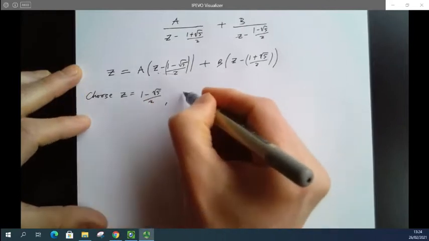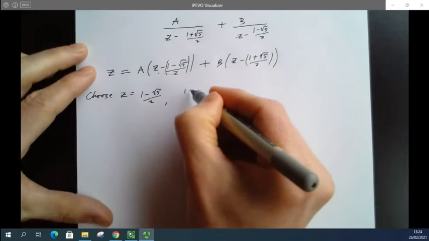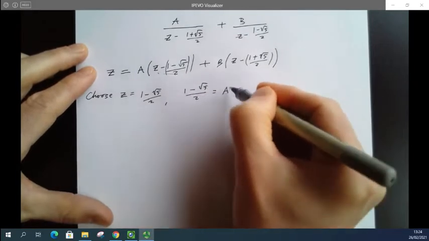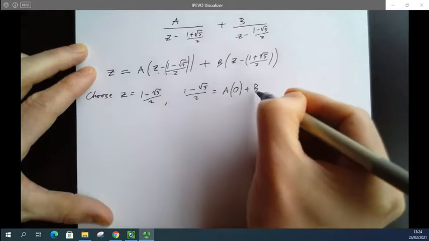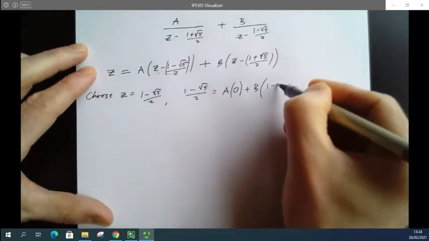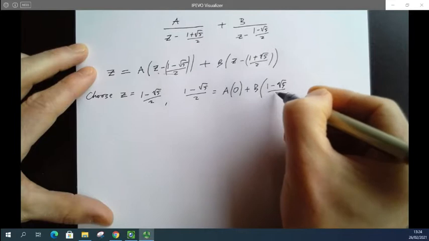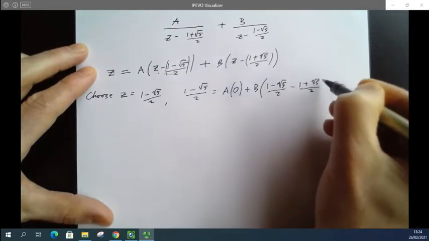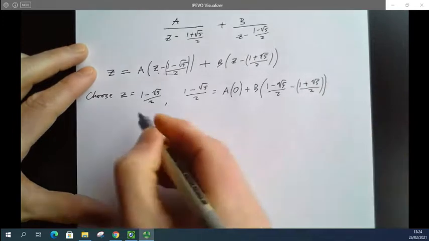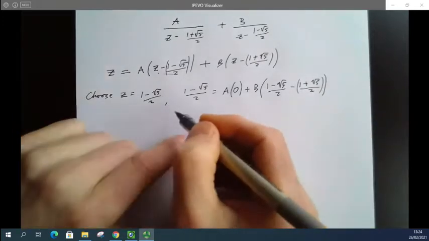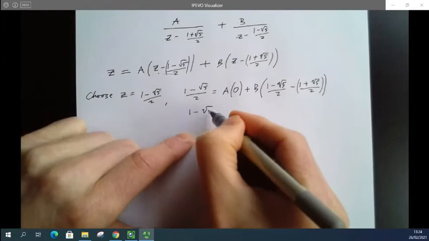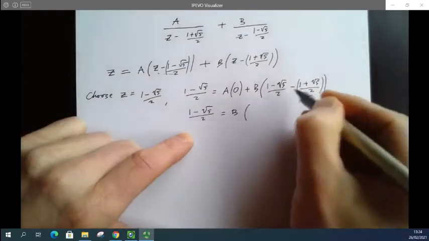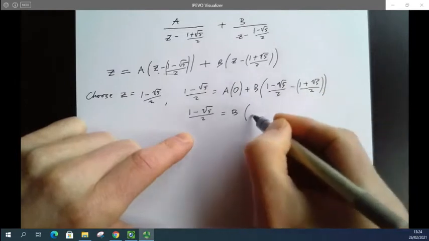So on the left hand side I get just z, 1 minus root 5 over 2, is equal to a times 0 plus b times z, which is 1 minus root 5 over 2, take away 1 plus root 5 over 2. Okay, that looks a little awkward. But maybe there'll be some cancelling out. They have the same denominator at least, so I can just get a single fraction.